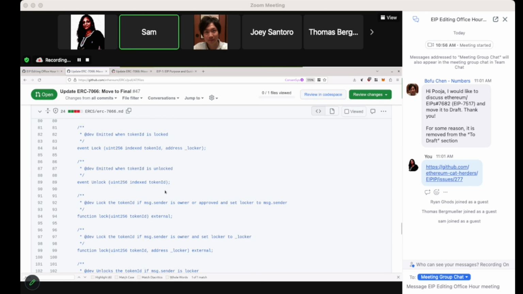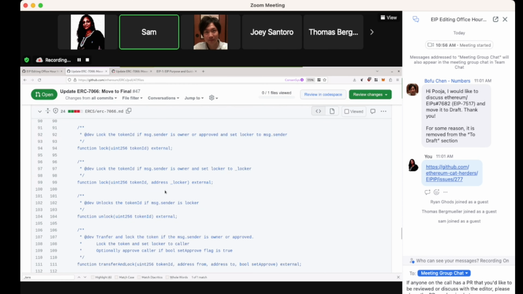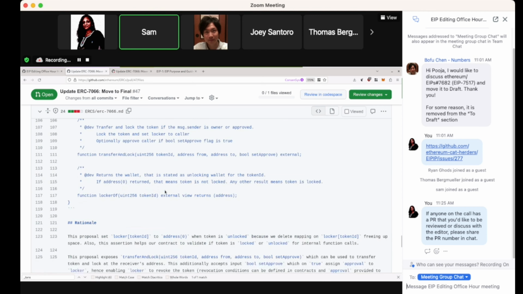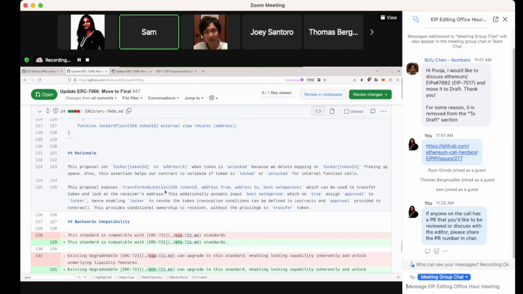Lock the token ID if message sender is owner or approved. Transfer, unlock, set locker to zero, freeing up space. This assertion helps your contract to verify if a token is locked. This process exposes transfer and lock, which can be used to transfer a token and lock the receiver's address.